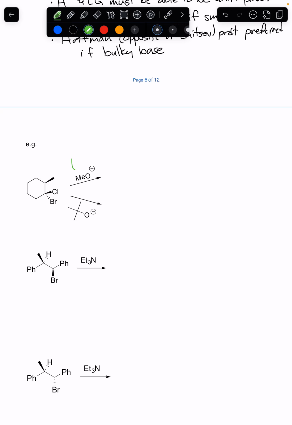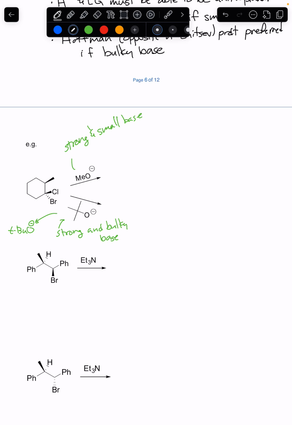This is t-butoxide, and this is a strong and bulky base, right? This is often abbreviated like that, t-butoxide. Anyway, so what's going to happen? Well, let's think about this.